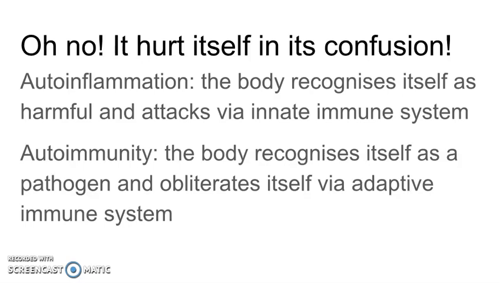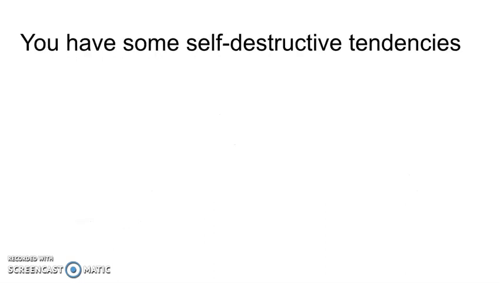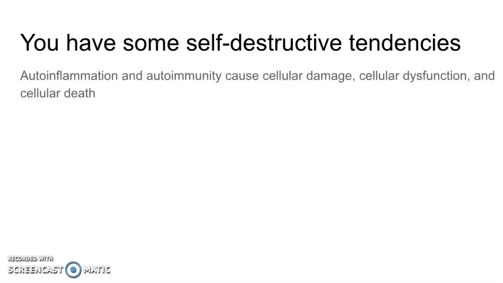When your innate immune system and your adaptive immune system are both recognizing yourself as harmful, you end up with both autoinflammation and autoimmunity at the same time, which is what happens in CRPS. Now, autoinflammation and autoimmunity, both independently, but especially when working together, cause cellular damage, cellular dysfunction, and cellular death.